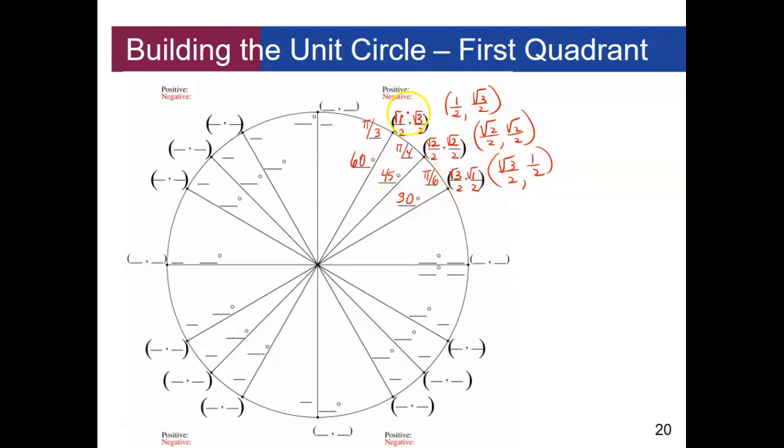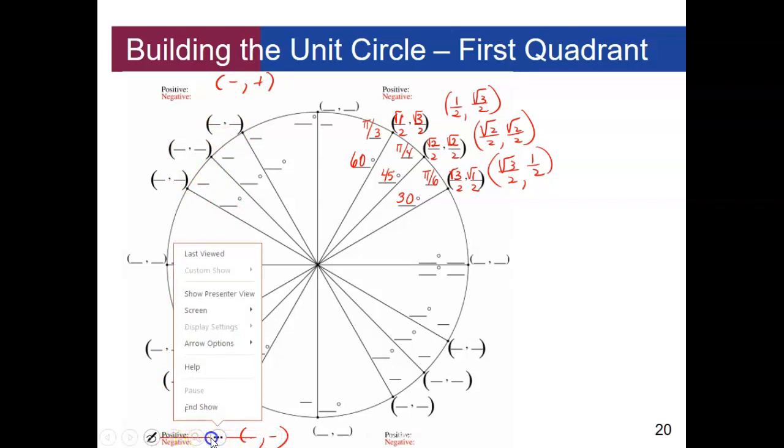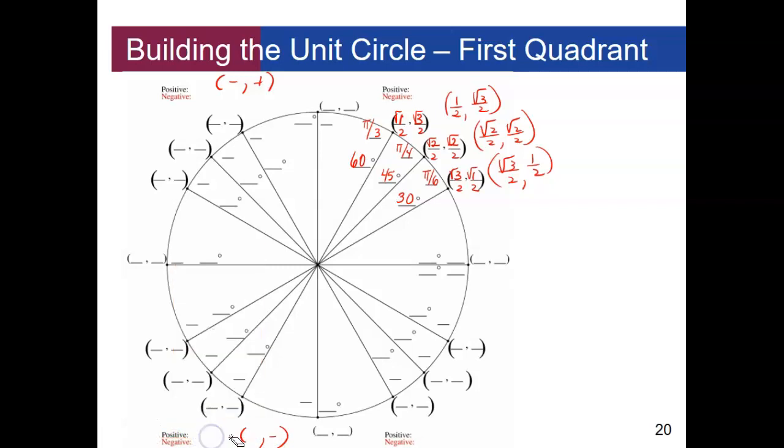Once you know these three, then you can pretty much transfer them to all the other quadrants because it's just going to be these same three values, but with different signs. So in this quadrant here, as we said, it'll be negative, positive. This one's going to be negative, negative. And this one's going to be positive, negative.